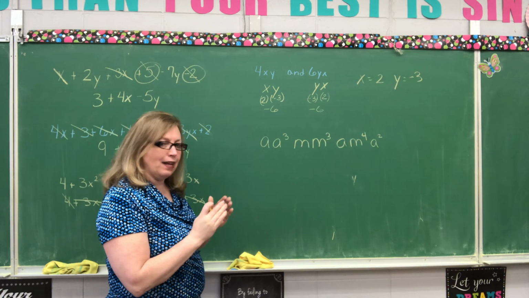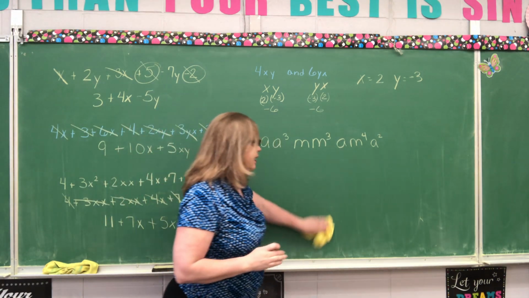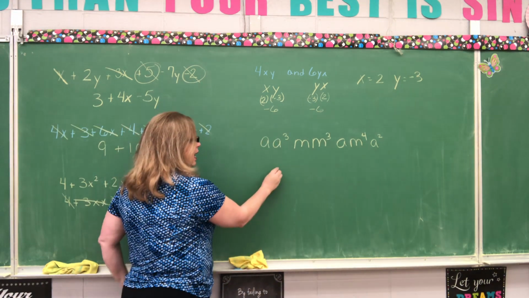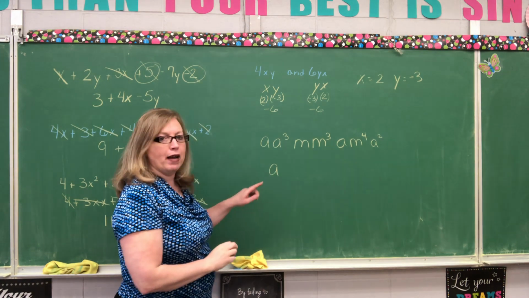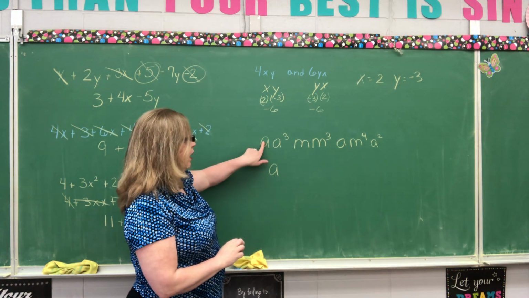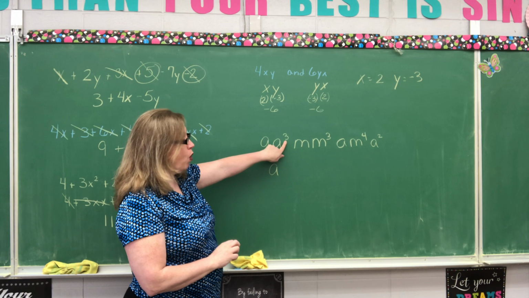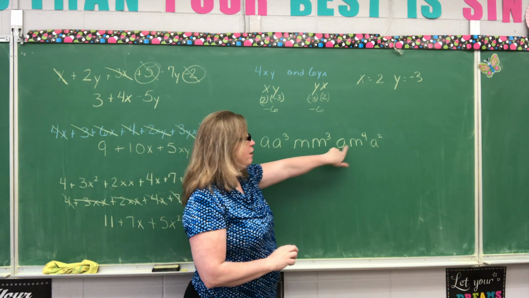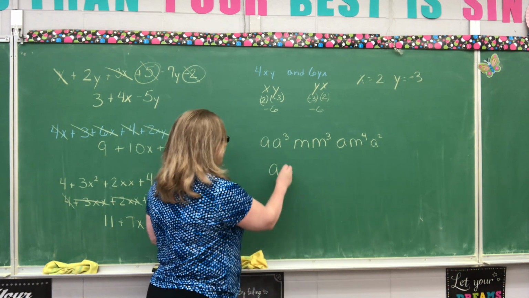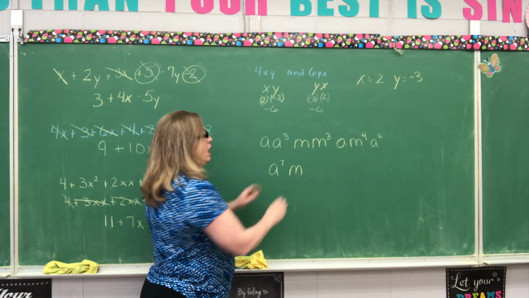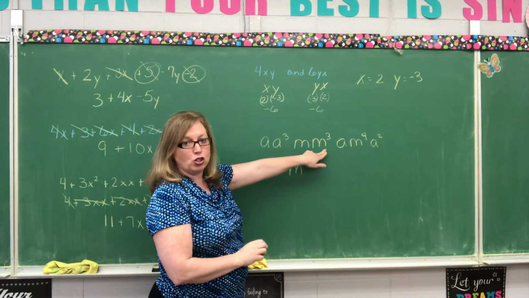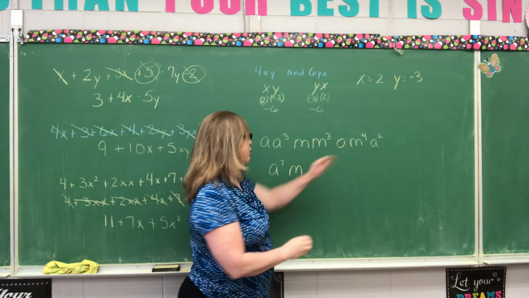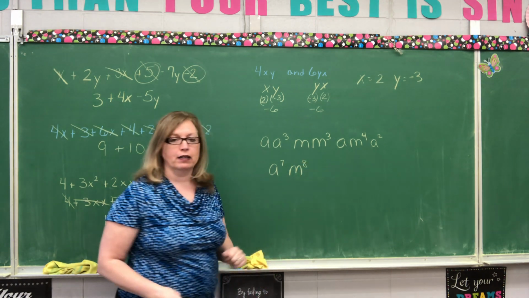We're going to combine the a's and m's that we can. So let's put an a. Now let's combine all of the a's. We have 1 plus 3 makes 4. This makes 5. And 2 more makes 7. What about m? I have 1 plus 3 makes 4. Plus 4 makes 8. Okay?